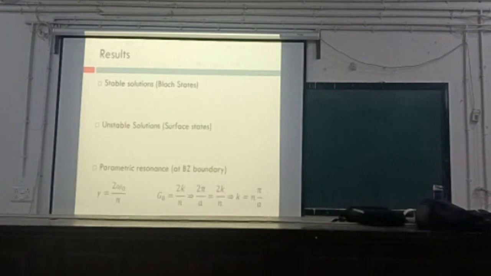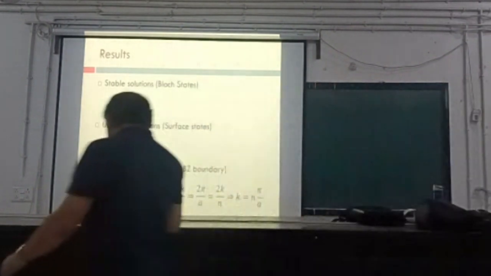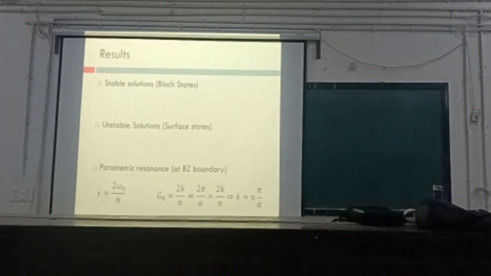Yes. So now look at this point. Gamma is equal to 2 omega 0 over n, right? What is gamma in the context of the solid? Gamma is G0, the frequency of the modulation which is cos Gx, right? So G is the gamma. And what is omega 0?